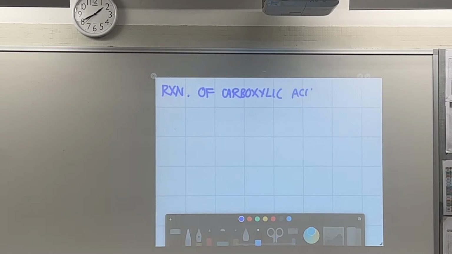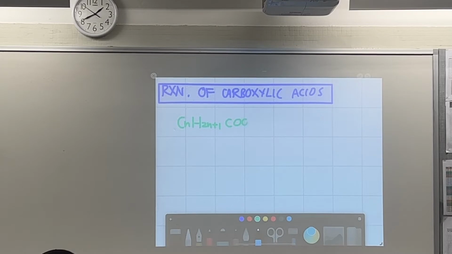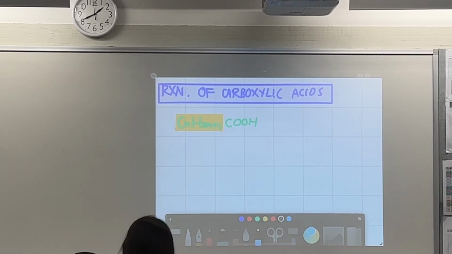carboxylic acids. Remember, carboxylic acids have this general formula CnH2n+1COOH. Or simply we'll write this as RCOOH, because this is what the R group is. So you have an R here and you have COOH.